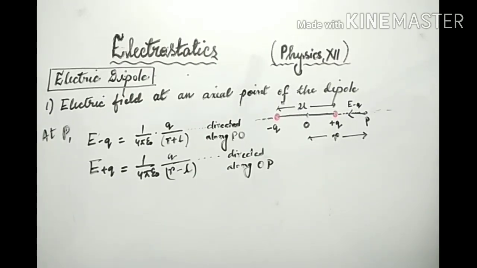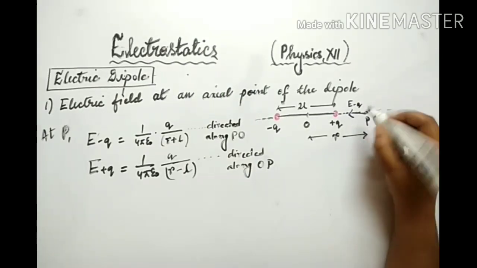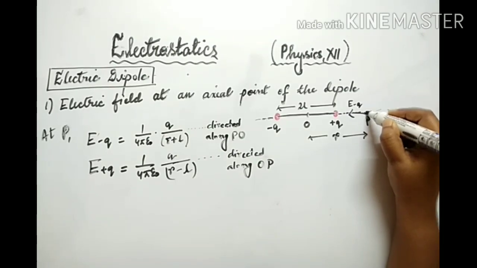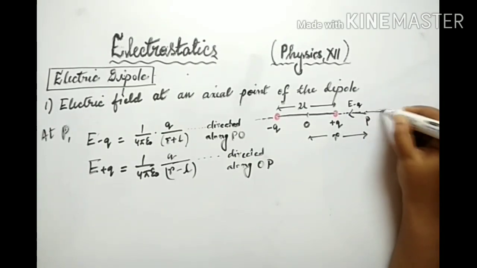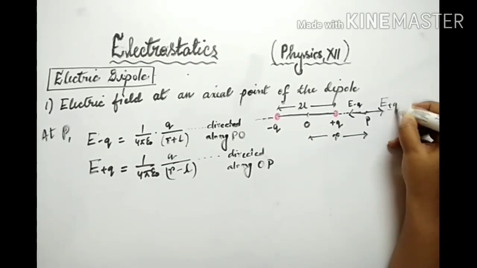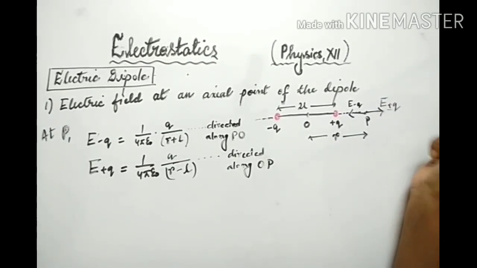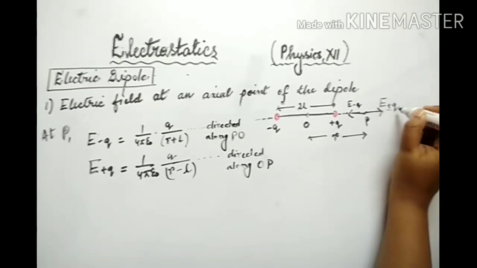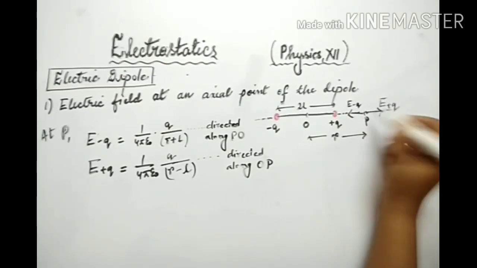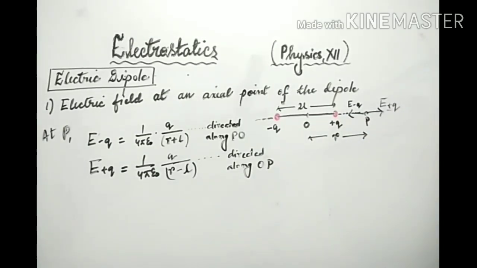Now, why is it directed along OP? Since this is a plus charge, and if you imagine here a plus 1 unit charge, it will feel a force of repulsion. Therefore its electric field will be along this direction, and the other is along this direction.